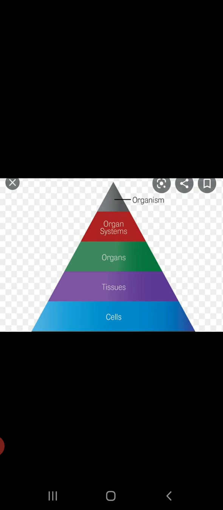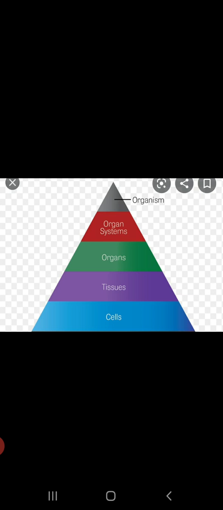So from a single cell it develops into a body. Have you all thought about how the different organs or a complete body develop? That is because of the organization of the cells in our body. We also call it the hierarchy of organization in the body or in living organisms.